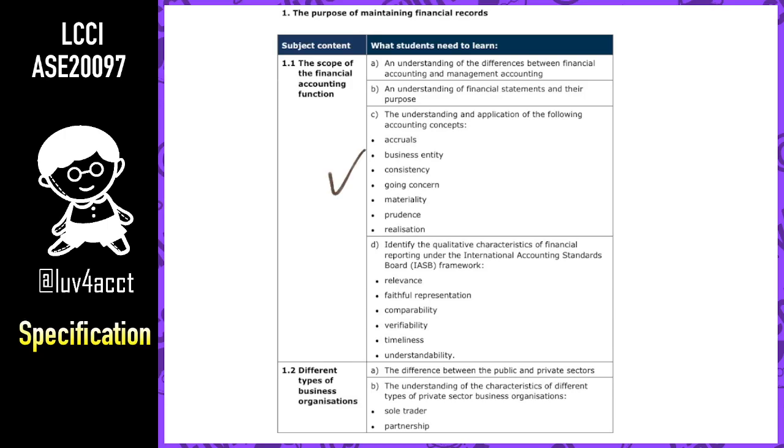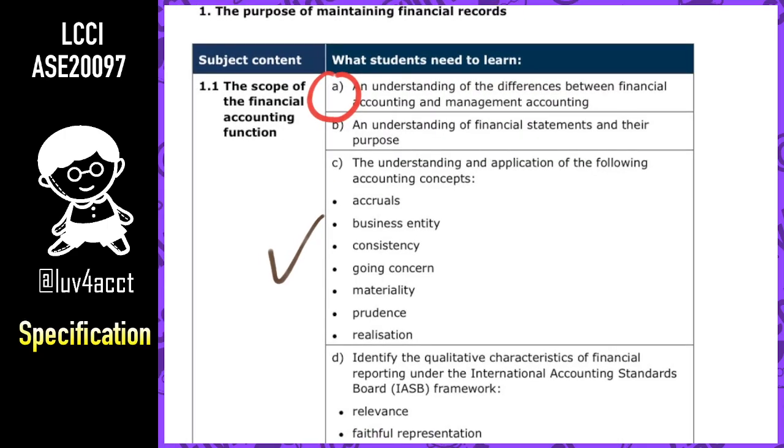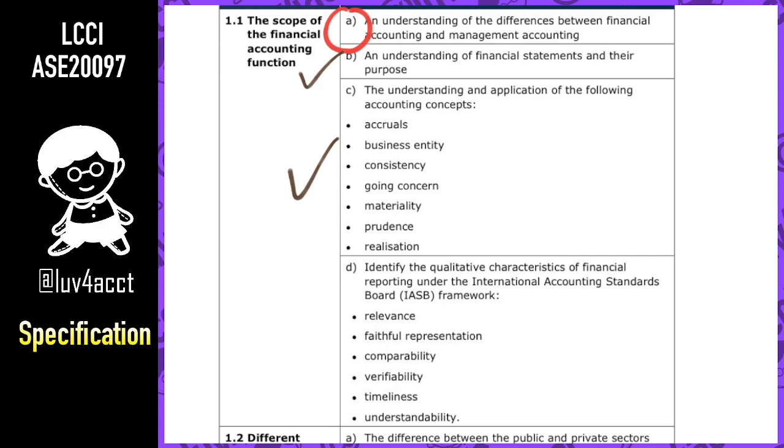Financial accounting and management accounting is something we need to take a look at, but it should be very straightforward. Just 1 or 2 lines of definition, and then it will be done. And then understanding financial statements and their purpose. Of course, we always do this already, so it's not something new.